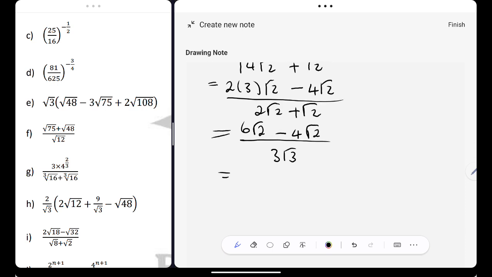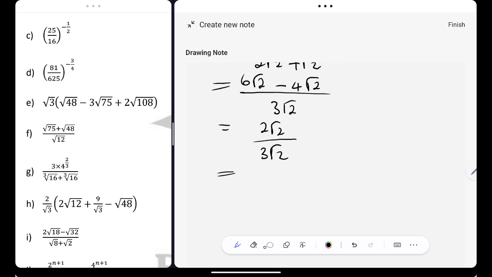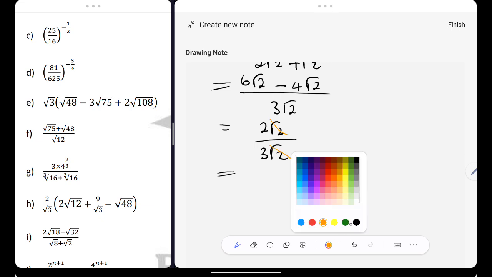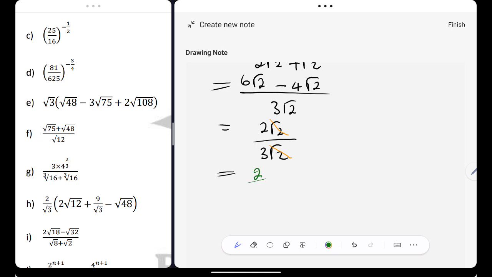At the top I'll have 2. Made a mistake there. Okay, then now these two will cancel one another since they are dividing. So my final answer will be 2 over 3.